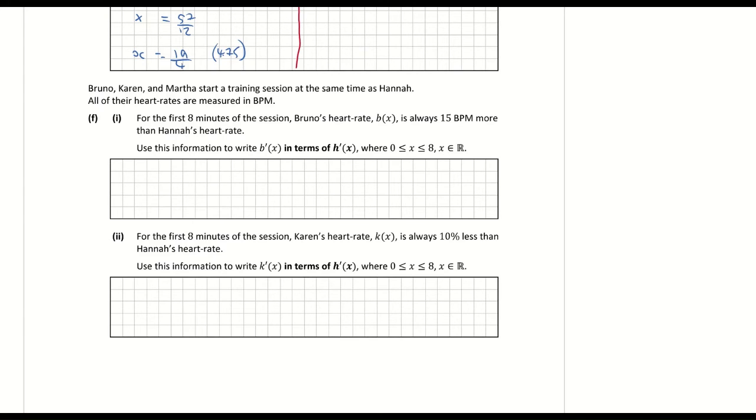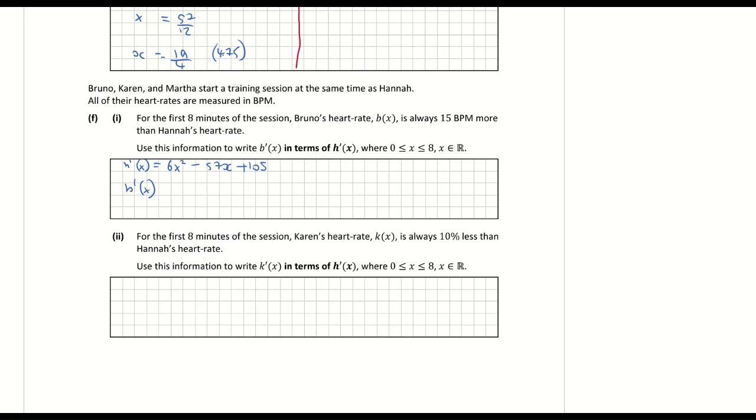Okay, so Hannah's H dash of x, which we found earlier, is 6x squared minus 57x plus 105. Now it's telling us that Bruno's is 15 beats per minute more than this. So I'm now trying to find B dash of x.